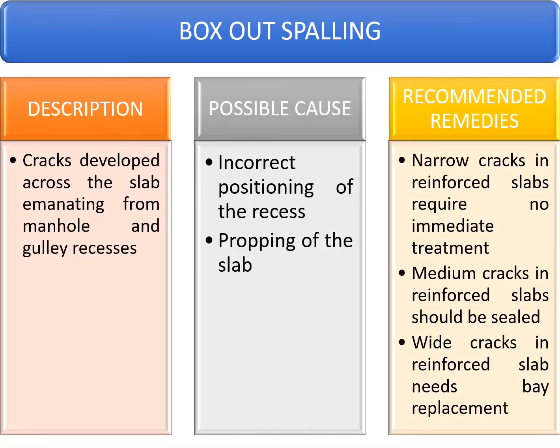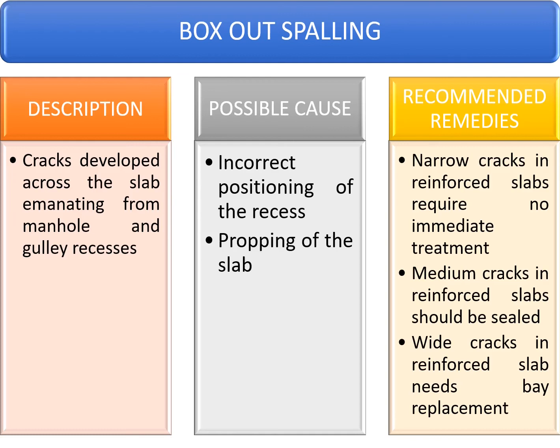Coming to box out spalling, the description is cracks developed across the slab emanating from manhole and gully recesses. The possible causes are incorrect positioning of the recess and propping of the slabs.